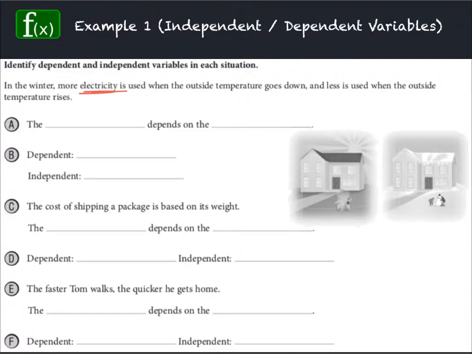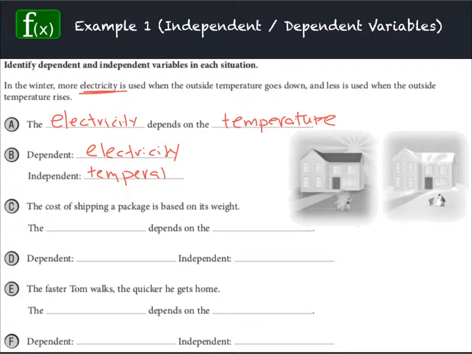In this case, your independent variable is going to be the temperature, whereas your dependent variable is going to be the electricity. The electricity depends on the outside temperature. So your dependent variable is going to be electricity, and your independent variable is going to be temperature.